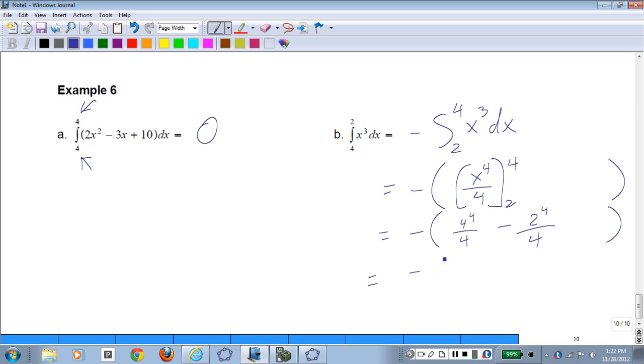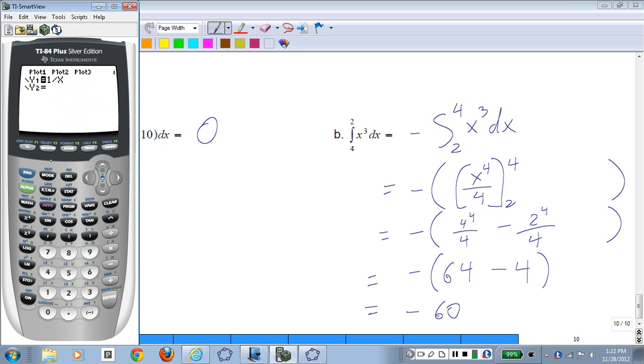I think these are both whole numbers. 4 to the fourth over 4 is 4 cubed, 64. And 2 to the fourth is 16, and 16 divided by 4 equals 4. So I want to say this is negative 60. Negative 60. You can try it with y equals x to the third power.